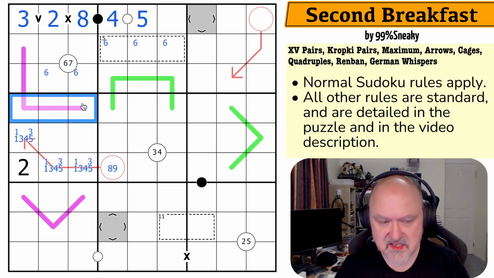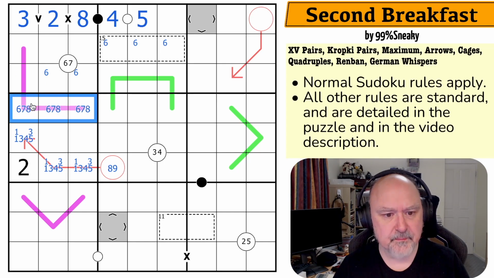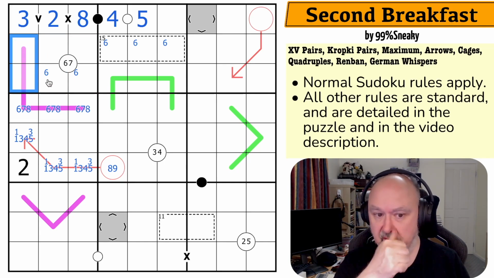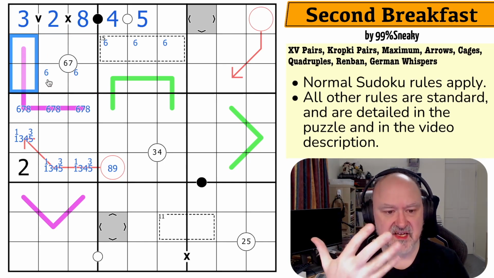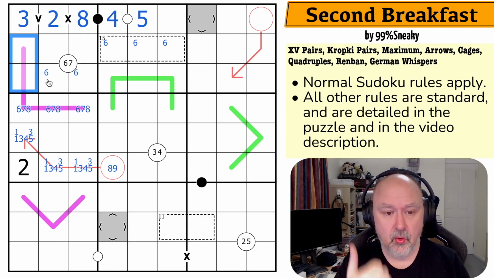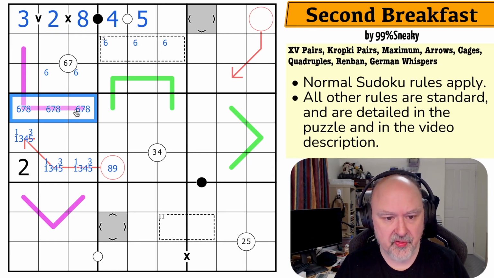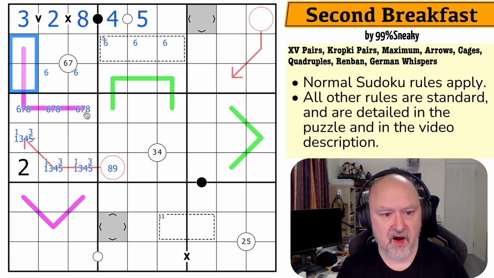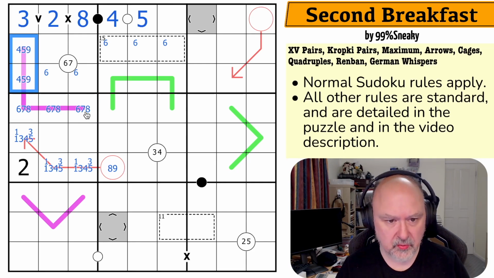So this is 6, 7 and 8, because there must be a 6, 7, 8 on this line and I can't put 6, 7 or 8 in those cells, because 4, 5, 6, 7, 8 if I start at 4, because I can't use 1, 2 or 3, or 5, 6, 7, 8, 9 all have 6, 7 and 8 on them and those are 6, 7 and 8. So these are from 4, 5 and 9 only.